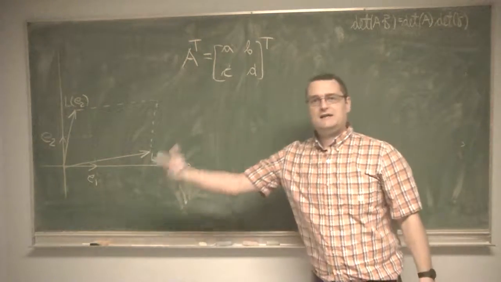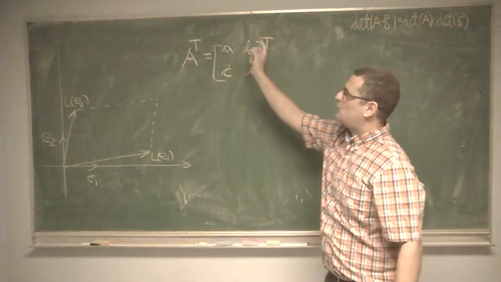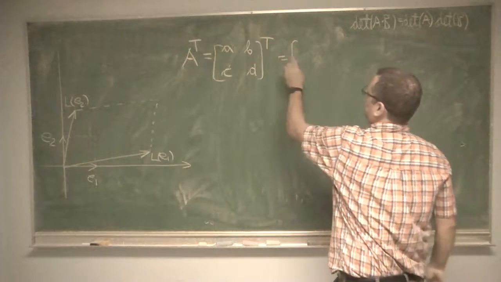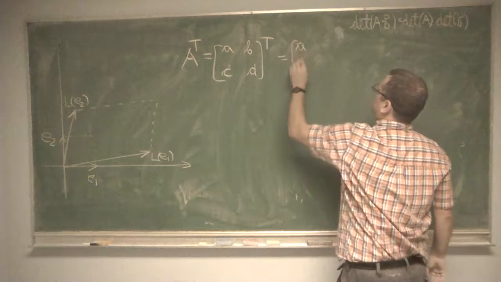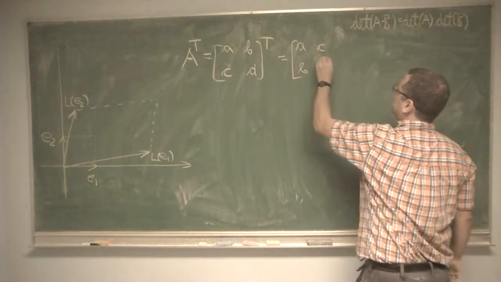So I take rows and convert them into columns, and columns into rows. So the first row becomes the first column. So the AB row becomes the AB column, and the second row CD becomes the second column CD.